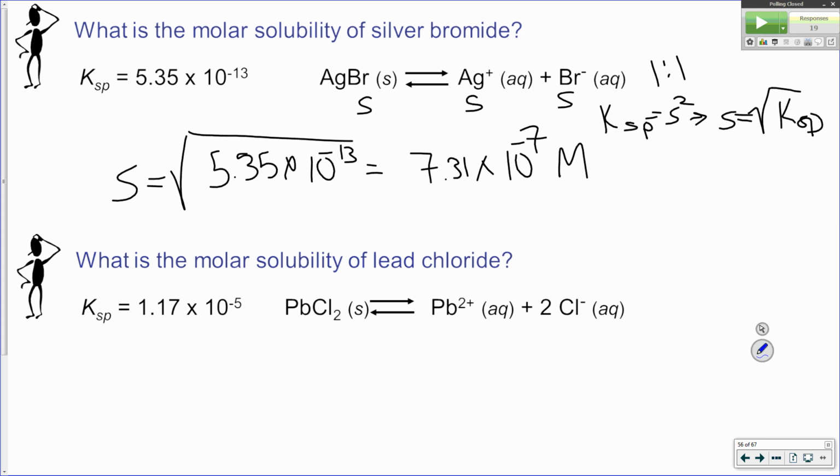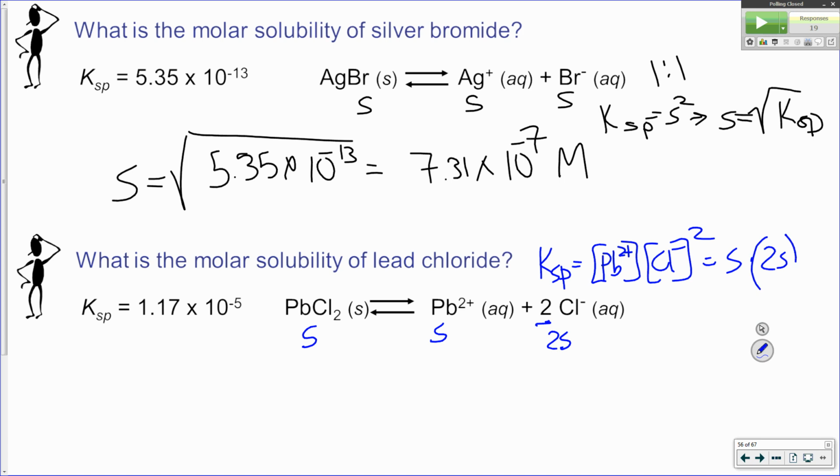So this one, solubility, and this is a 1-to-1, so that's going to be S. This is going to be 2S. If I look at the KSP equilibria, the KSP expression is the concentration of the lead times the concentration of the chloride squared because of the 2. Now if I plug the S's in, it would be S times 2S squared.